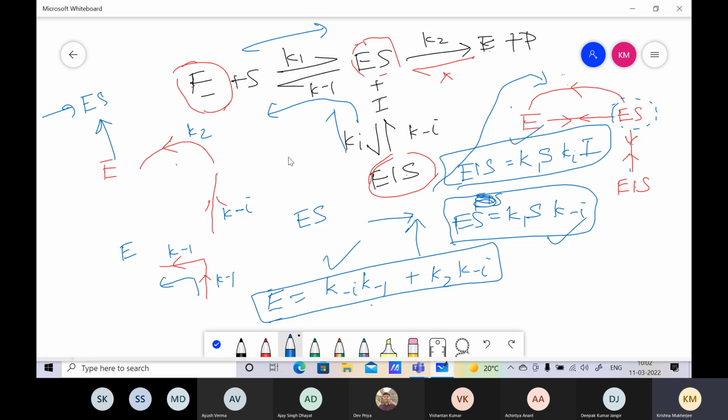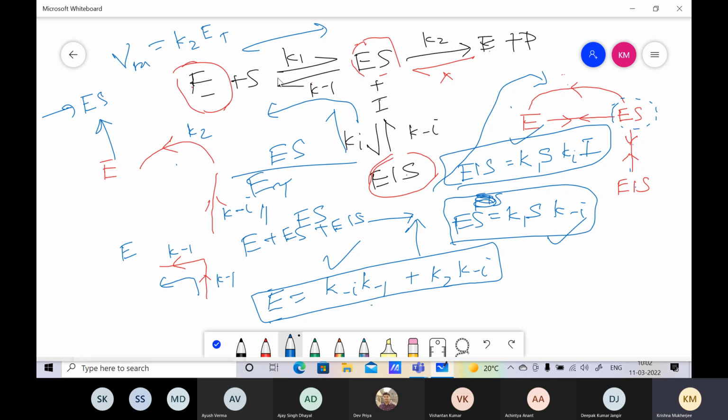So really what we have to find out is, we really are interested in ES upon ET, where ET is equal to E plus ES plus EIS. And ES then is ES by ET, and you know that Vmax is equal to K2 ET. And so ET can be written in terms of this.